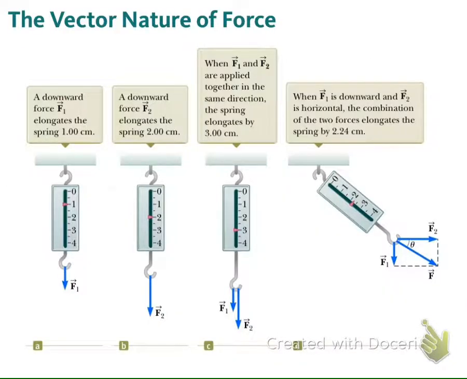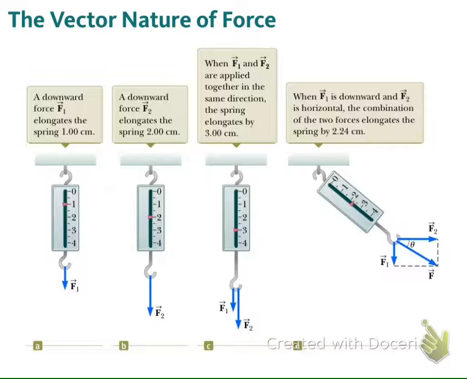Now, let us discuss one of the most important natures of the force. That is, the force is a vector. It means that it has the property of a vector, especially when you want to add more than one force together. You have to use the vector sum rule.